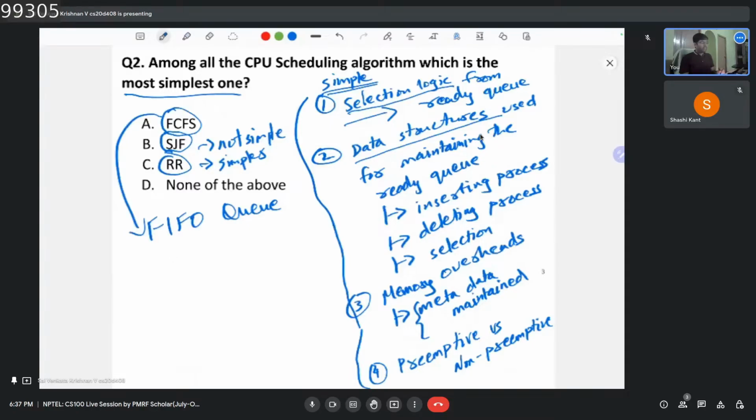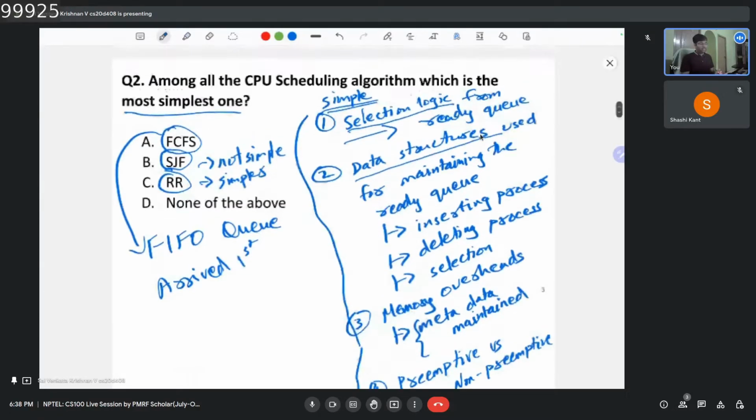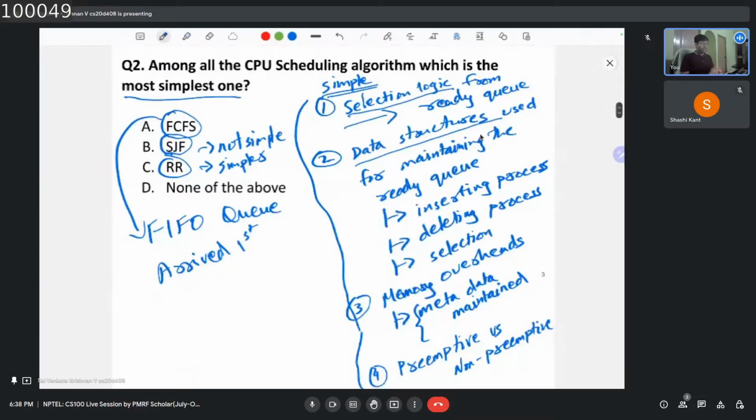And the insertion, deletion, or selection logic is also simple. Whichever arrived first will be executed on the CPU. So this is the simplest algorithm, based on these parameters.